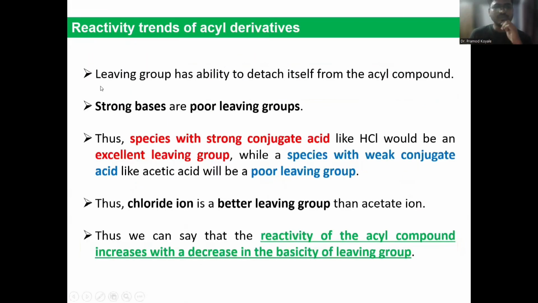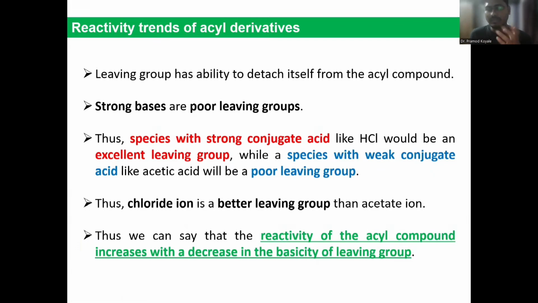Okay, the leaving group has the ability to detach itself from the acyl compound, and whatever leaving groups we have should have less basicity. If they have less basicity, they are good leaving groups. While if the leaving group has strong basicity, then they are poor leaving groups. So generally, strong bases are poor leaving groups. For example, we have HCl and acetic acid. HCl is a stronger acid, while acetic acid is a weak acid.